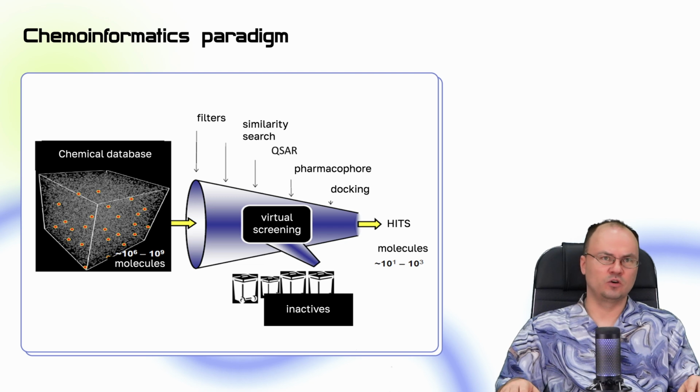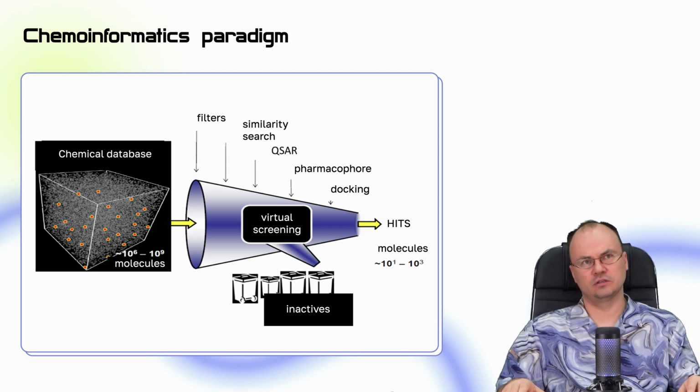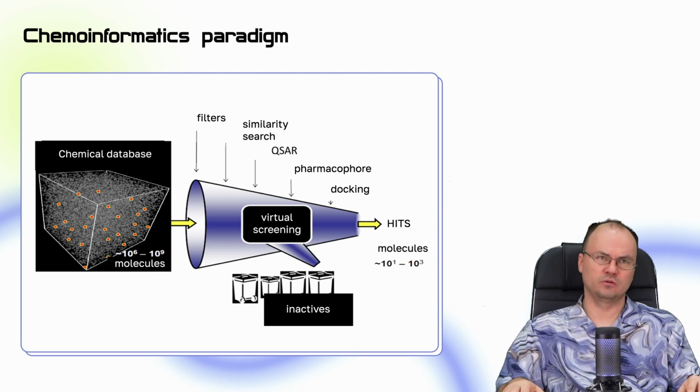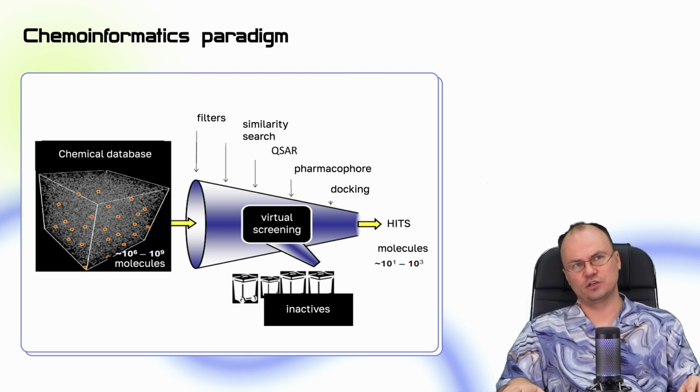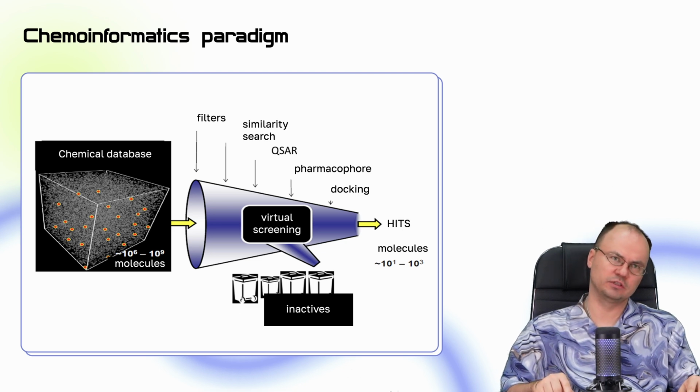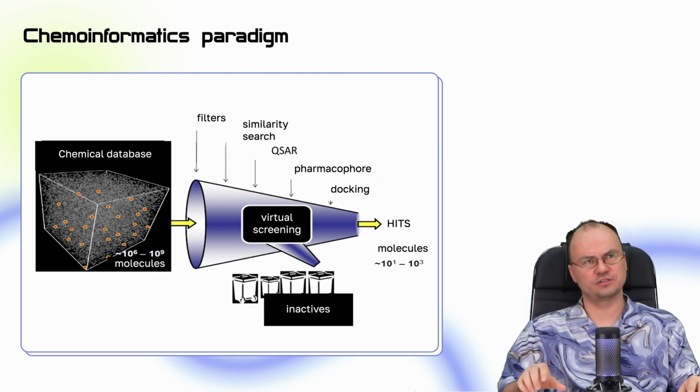Finally, after either one, we come up with a small number of molecules, usually from 10 to 100 or 1,000, which are ready to be analyzed using more laborious techniques. The rest of the molecules can be considered inactive, so we discard them from further analysis.